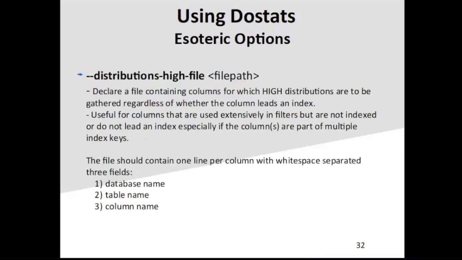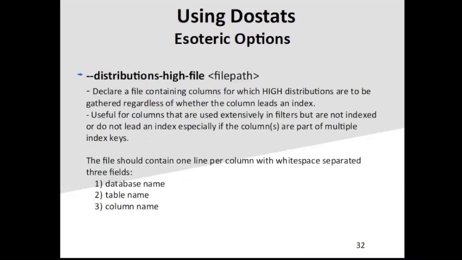Okay. Dash dash distributions high file. This is one I had to do for a specific client of mine that had certain columns that were used as filters in queries, but were not leading any index. But having high distributions on those columns improved performance for a subset of their queries significantly.